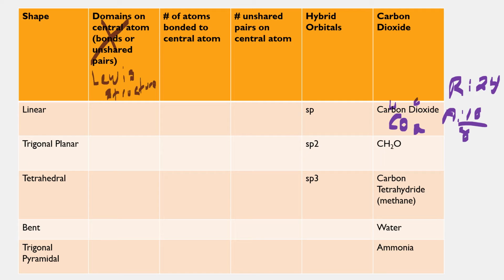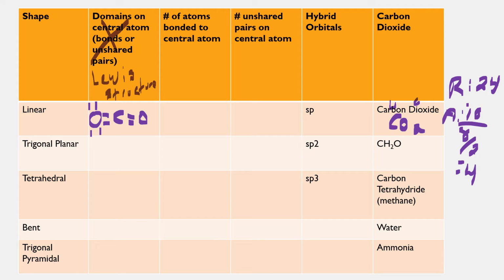Then we subtract, we get 8, divided by 2 equals 4 bonds. So you need to be able to draw your Lewis structures. Since we need 4 bonds, we're going to have double bonds on the O's.